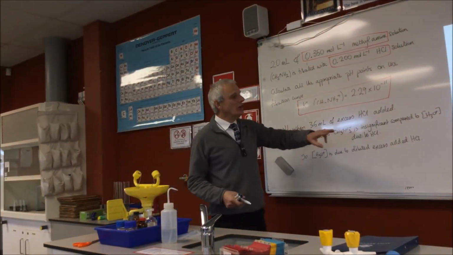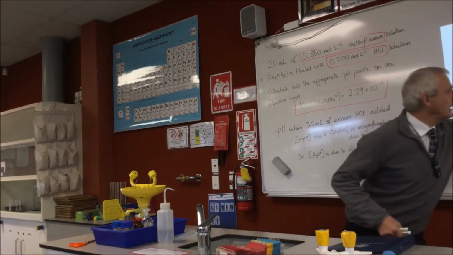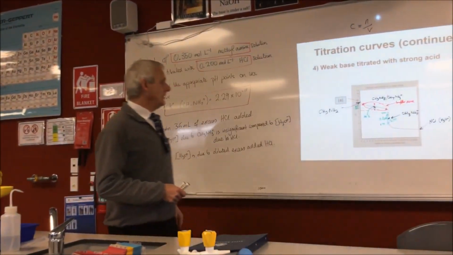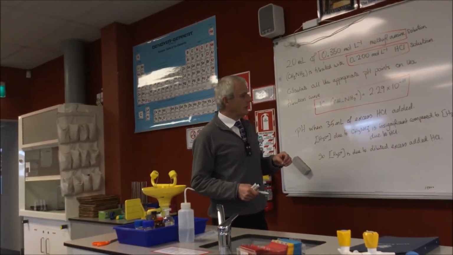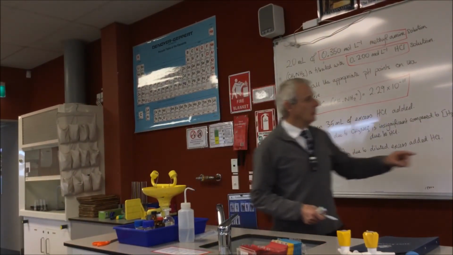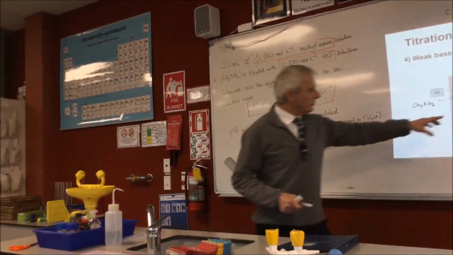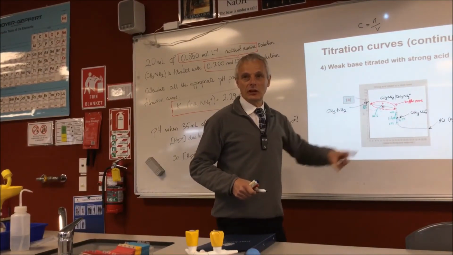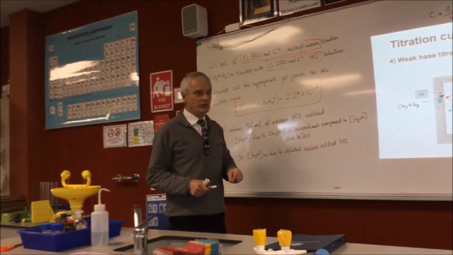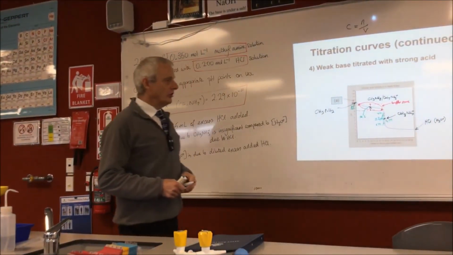So the pH when you add the excess, okay, this is what we're looking at, this point here. So we've added excess acid, then we're saying that the concentration of H3O plus is entirely due to the excess added HCl, because the concentration of H3O plus at equivalence due to the conjugate acid is very, very small. It's insignificant when compared to the concentration added due to HCl.